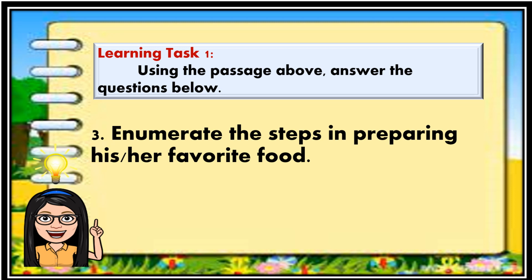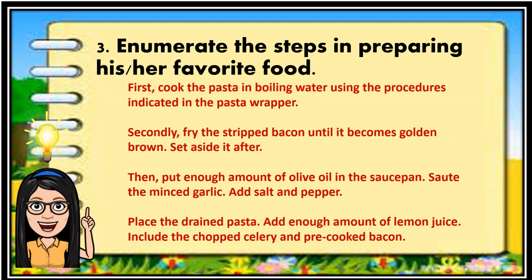Enumerate the steps in preparing his or her favorite food. We have first, cook the pasta in boiling water using the procedures indicated in the pasta wrapper. Secondly, fry the strip bacon until it becomes golden brown. Set it aside after.